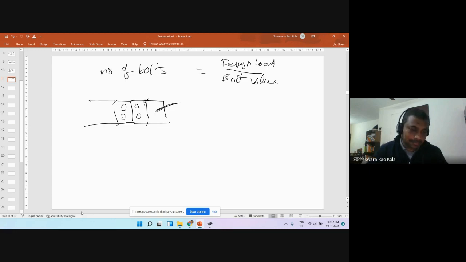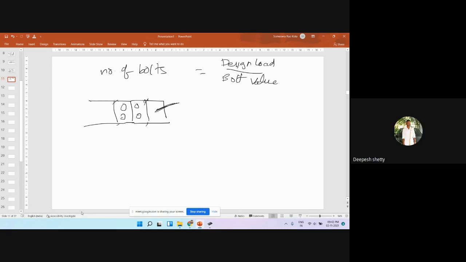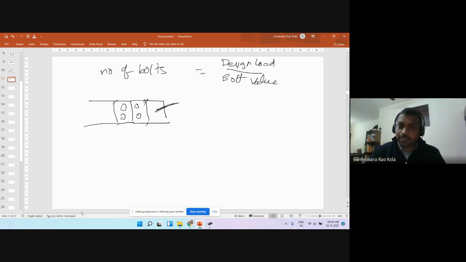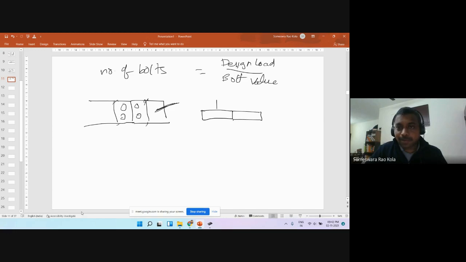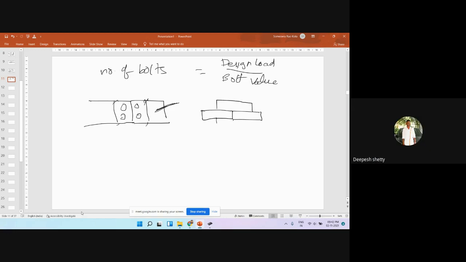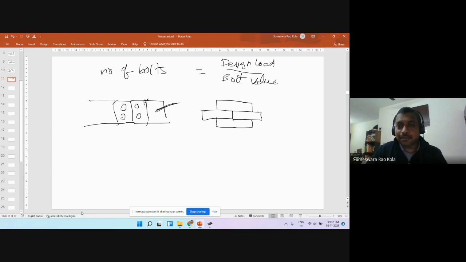Is the connecting plate the cover plate only? No, these are the connected members. So this cover plate shall have greater strength, yes, got it. So we are talking about now the strength of this connected plate.